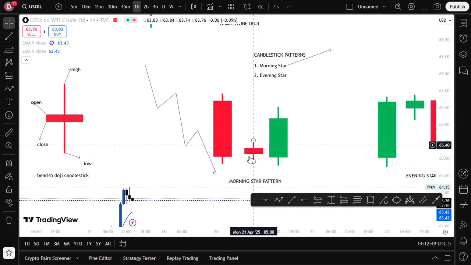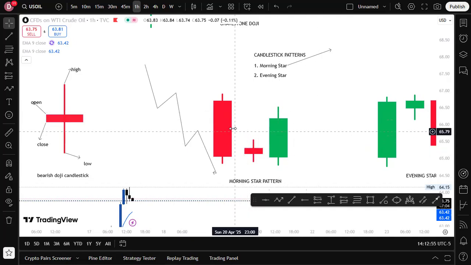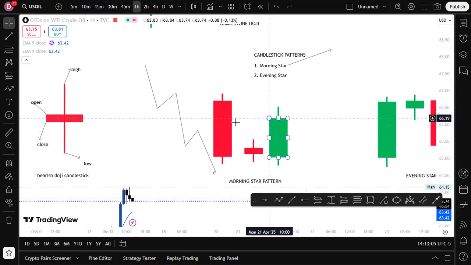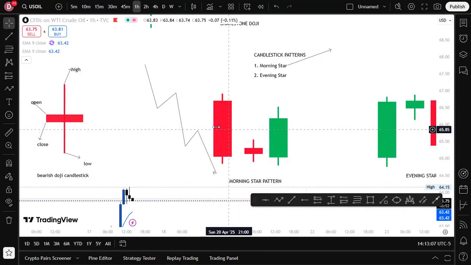So as I said, this second candle can be either bearish or bullish, either red or green. A red candlestick is called bearish, while a green candlestick is called bullish. The third candlestick, which is this one, has to at least pass the midpoint of this red candle.